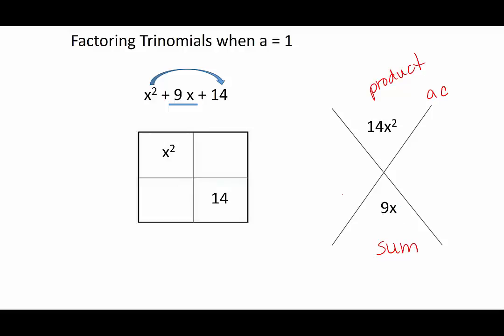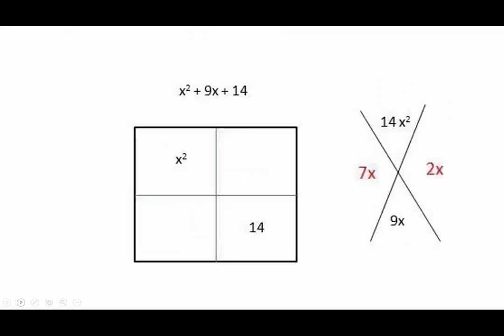I need two numbers whose product is 14x squared and whose sum is 9x. I need two terms whose product is 14x squared and whose sum is 9x.